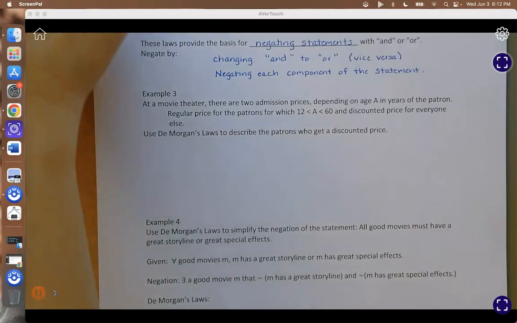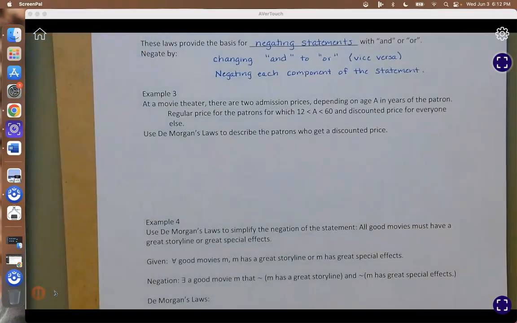Example 3. At a movie theater, there are 2 admission prices, depending on the age in years of the patron. A regular price for a patron for which the age is between 12 and 60, the discounted price for everyone else. Okay, so if you're between 12 and 60, you pay the regular price, and it's discounted if you're below 12 and above 60.